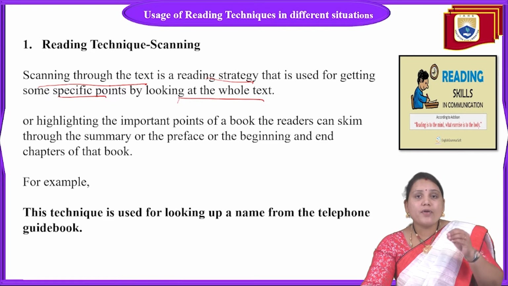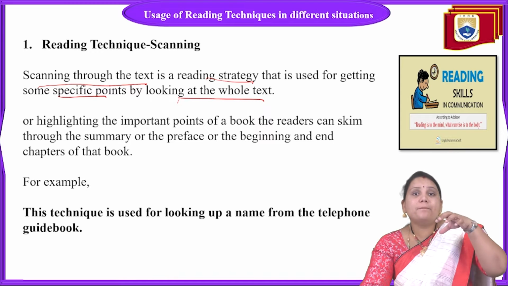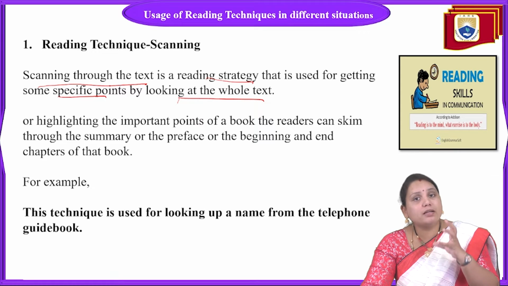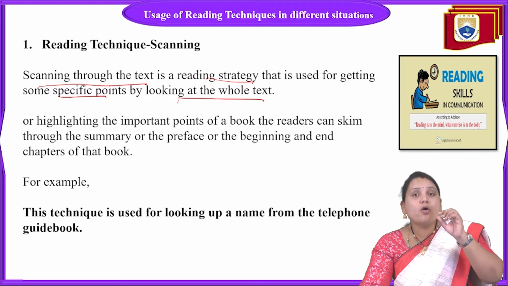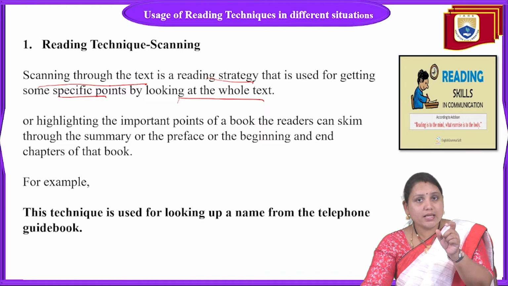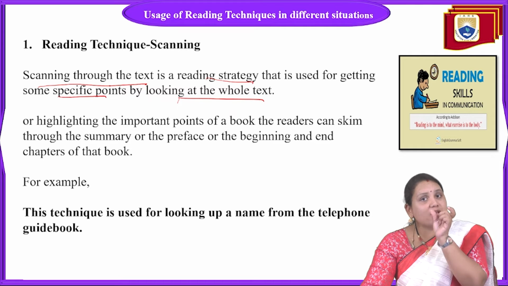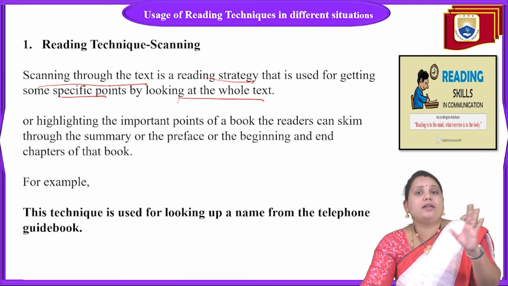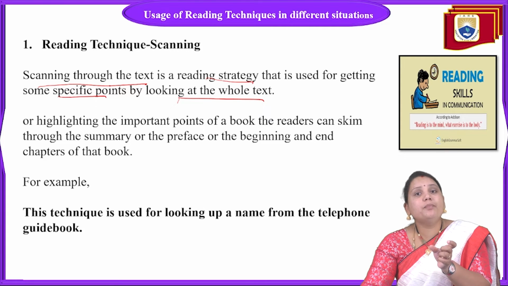That is, when you want specific information from some particular content, you are going to scan it, looking over the key points, isn't it? You want information about that specific entity in the content.